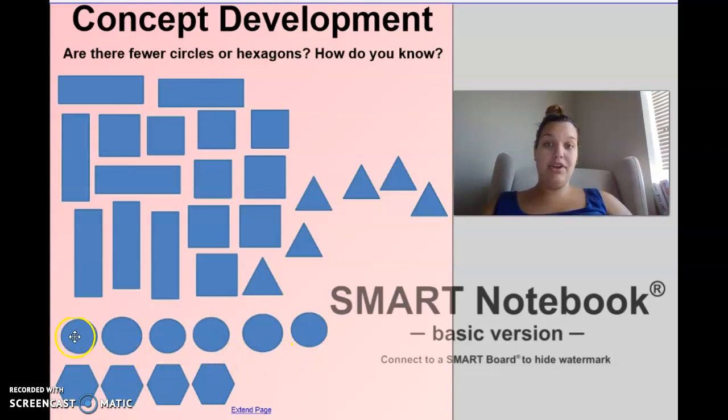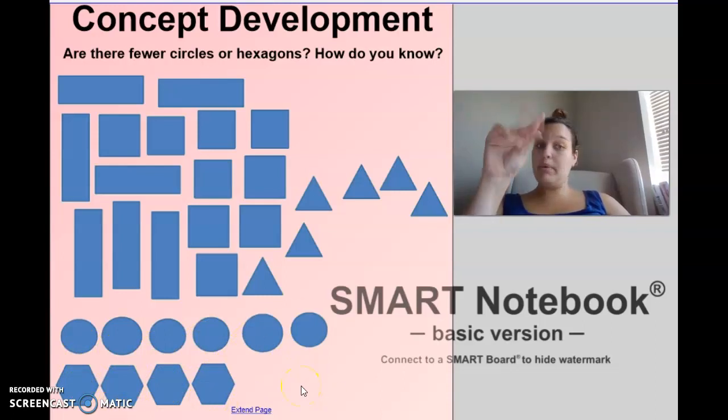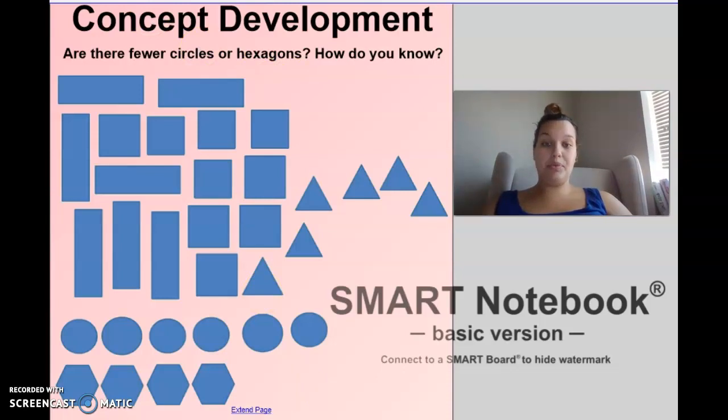Let's say it together. We have fewer hexagons than we have circles. And we know this because each hexagon and circle have a match, and we have circles left over, but we do not have more hexagons left. We would need two more to even make them the same as each other.